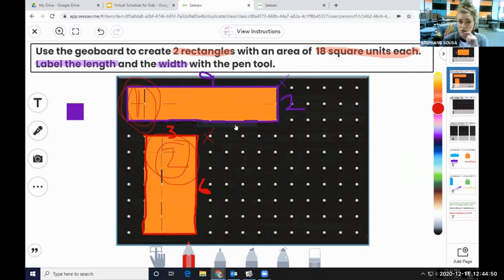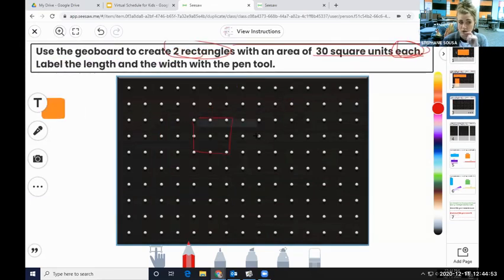I'm not going to see 2 parts of a rectangle that you squish together to equal 30. It's going to be 2 separate rectangles that equal 30, which means you should have 60 squares, 30 plus 30. Label the length and the width, just like we have been.